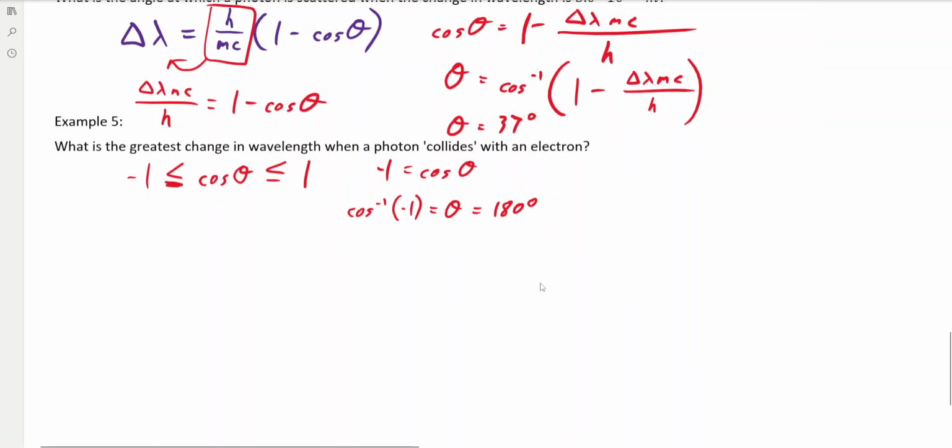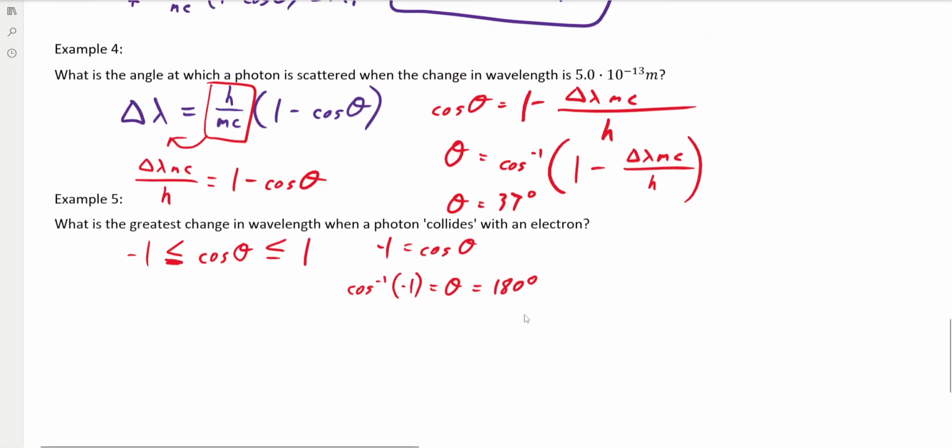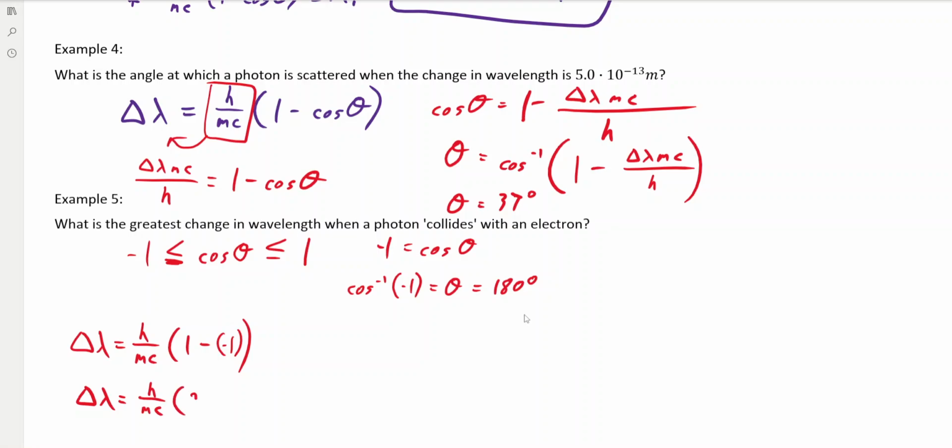So with that in mind, we can rewrite that formula. The change in wavelength equals h over mc times 1 minus negative 1, which simplifies to 2. So just to write that out, it'd be 2h over mc, and that would be our final answer, the delta lambda.